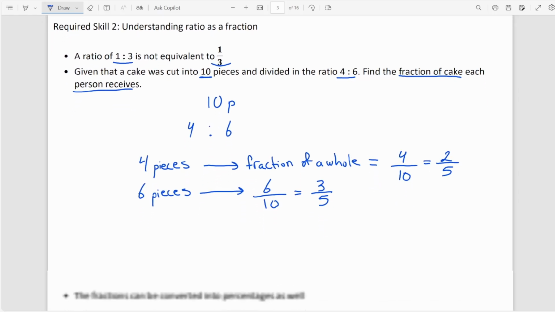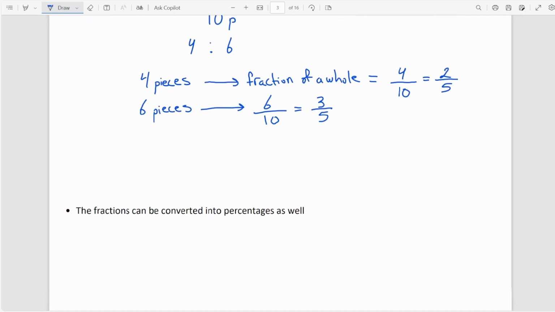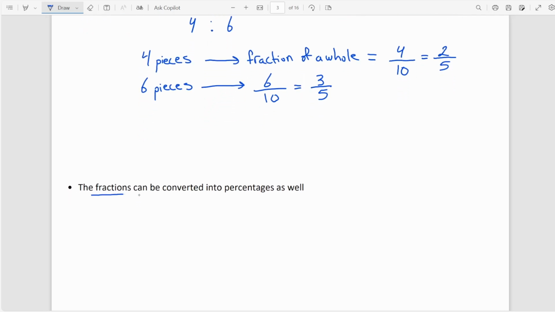Okay, so I hope this was understood. Now, of course, we can convert the fractions into percentages as well. Okay, so for example, when we had 2 over 5, now how do I convert 2 over 5 to a percentage? I multiply by 100. Okay, and this will give you 40. And don't forget the percentage sign. So this will give you 40%, okay?